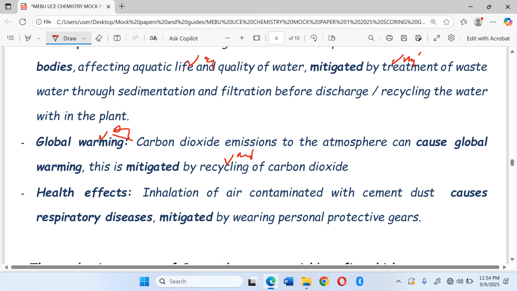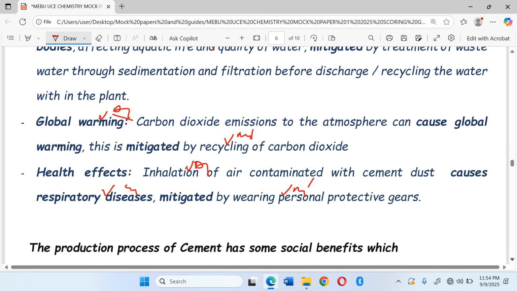Then you have the point of health effects. Inhalation of air contaminated with cement dust causes respiratory diseases, mitigated by wearing personal protective gear. So that is on the side effects.